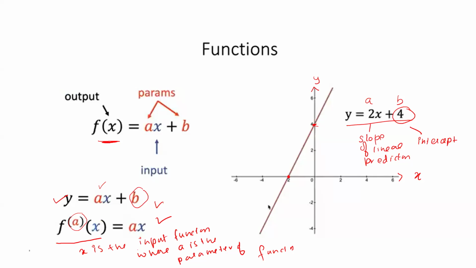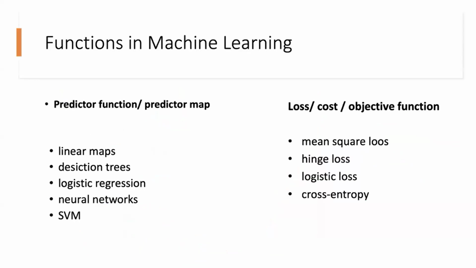Now when we talk about functions in machine learning, we often talk about predictor functions, or predictor maps. There are different predictor functions: linear maps, decision trees, logistic regressions, neural networks, and support vector machines.